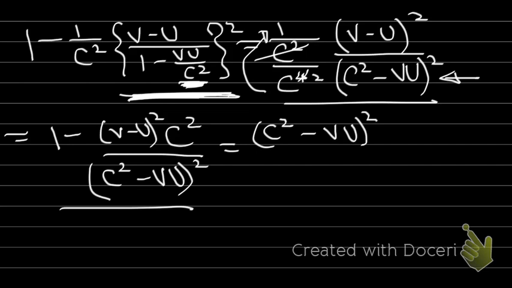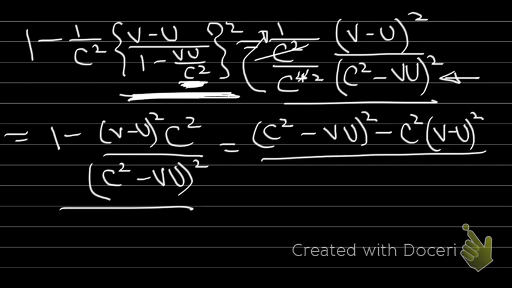So doing that, I would now have minus c squared times (v minus u) whole squared, over obviously (c squared minus v times u) whole squared. Okay, so we can go ahead and expand this further by opening the squares in the numerator.